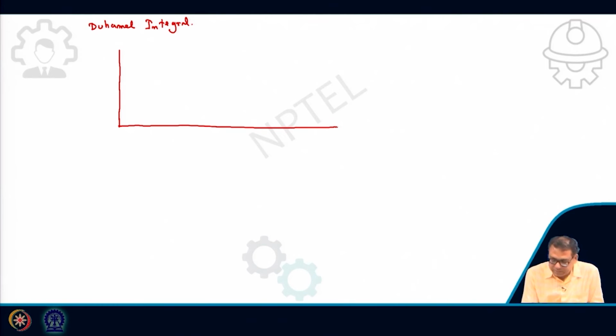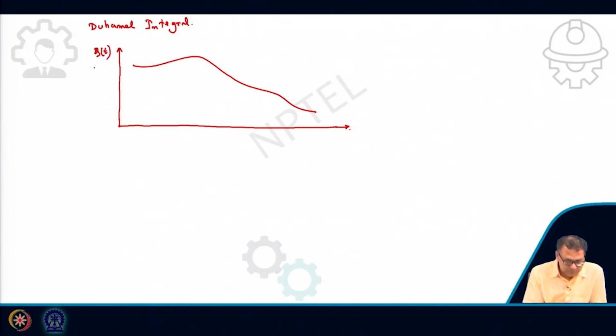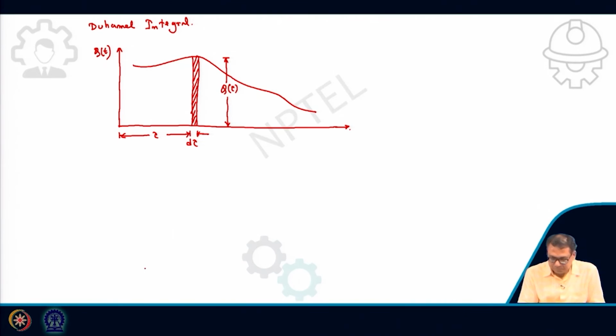Suppose this is your T axis and this is any arbitrary load, Q(t). We take a small segment on this loading function at a distance of tau, and the thickness of this load is d tau. Here it is Q(tau). This is t.